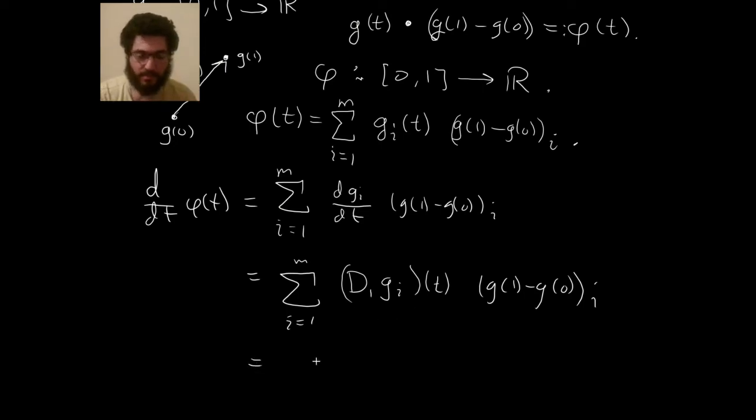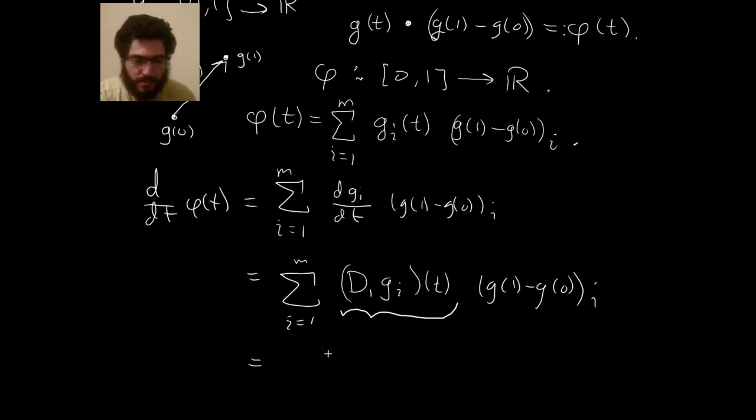And by the theorem that we just got done proving, theorem 9.17, we know that these are the components of g prime of t, these are the components of g prime of t of 1.